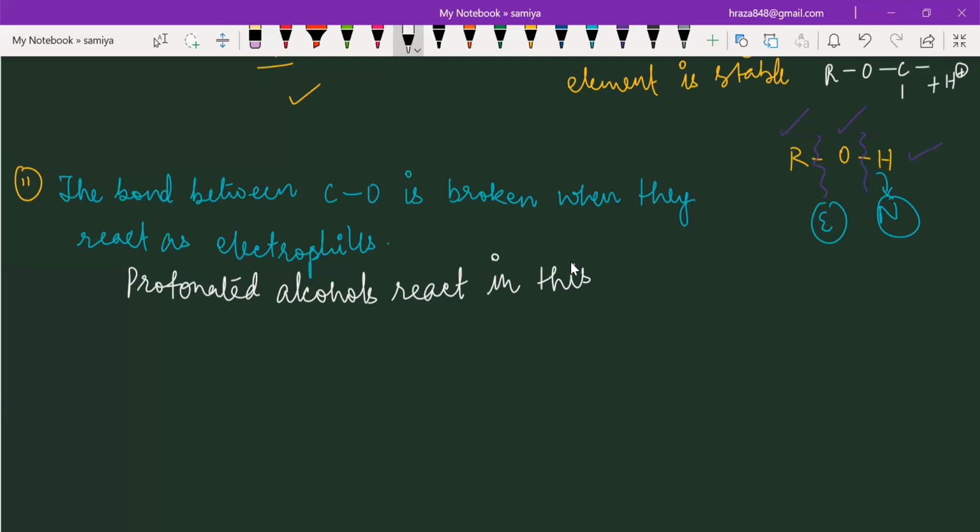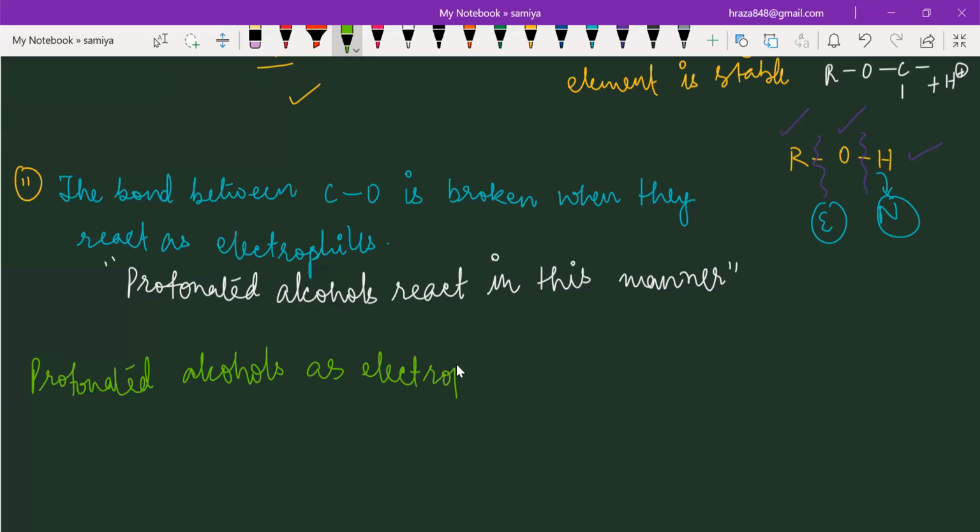That means first the alcohol will react with a proton, and then that alcohol will act as an electrophile. So I'm going to write this. It's very easy. Protonated alcohols as electrophiles.